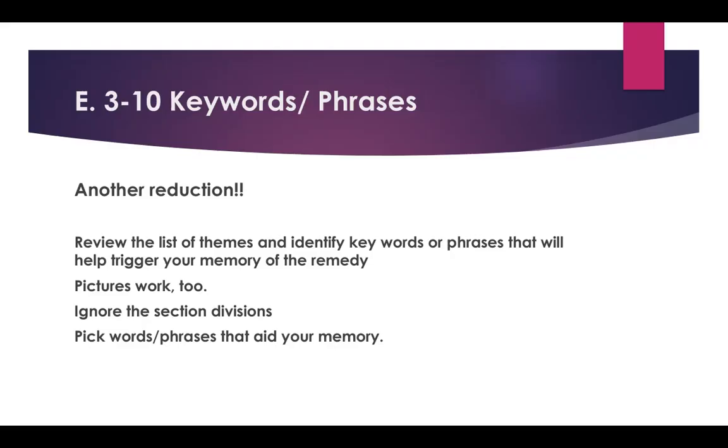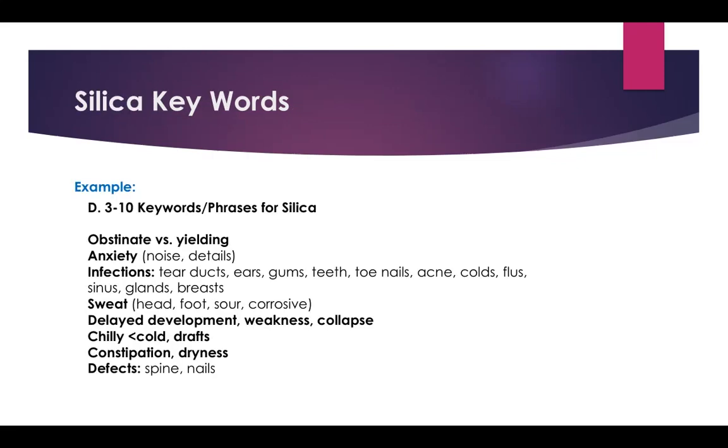So it's like you have this list that you can start with and say, okay, yeah, silica has, and so here's one that I've done. Obstinate. They're obstinate, but they also can be yielding. And they have anxiety and infections and sweat and delayed development. And they're chilly and constipation and defects.